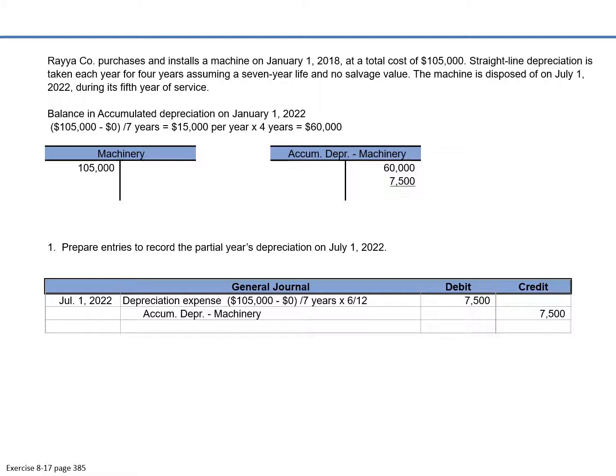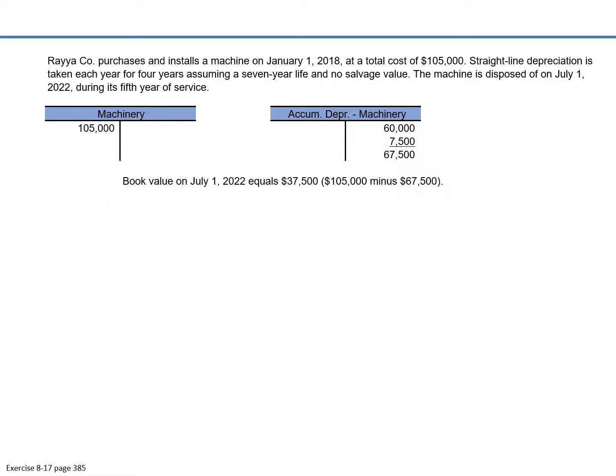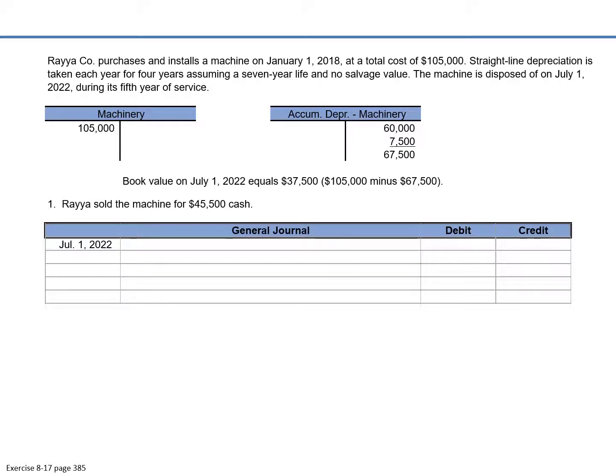So if we post that to our T account, we now have accumulated depreciation of $67,500. Our net book value is going to be $37,500. So when we sold the machine for $45,500, we're going to get rid of our machine, $105,000 credit, get rid of our accumulated depreciation for $67,500.